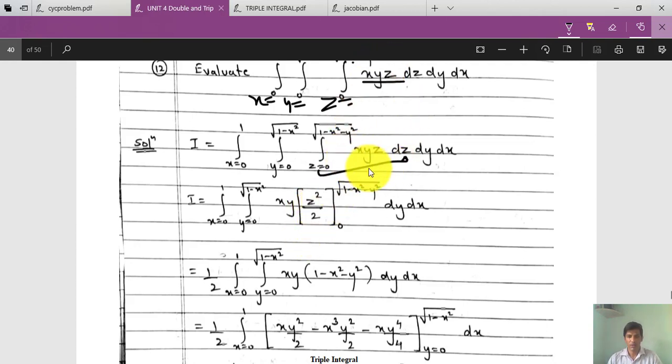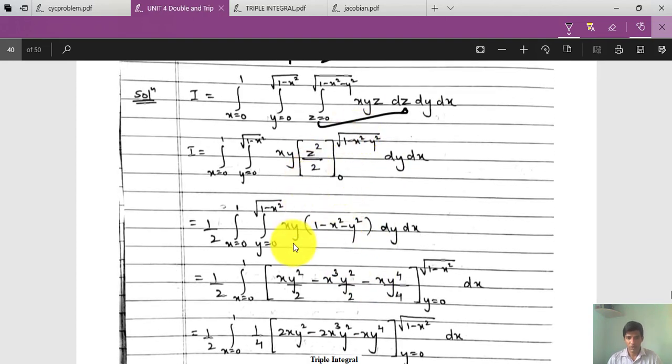I will not keep on telling you the concept again and again. The evaluation part is very easy: treating x and y as constant, the integration of z is z squared by 2 over the limit 0 to the square root of 1 minus x squared minus y squared. Then if I substitute this, the square and square root cancel, so it turns out to be 1 minus x squared minus y squared, dy dx.